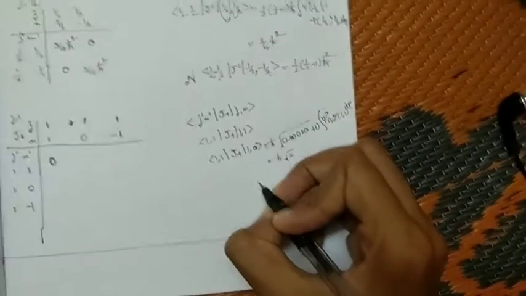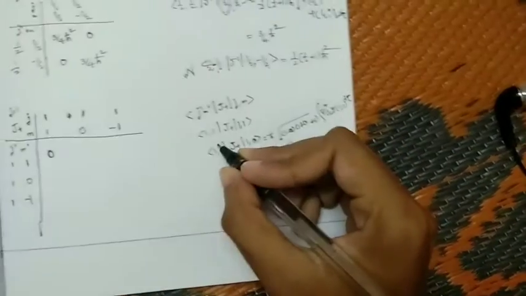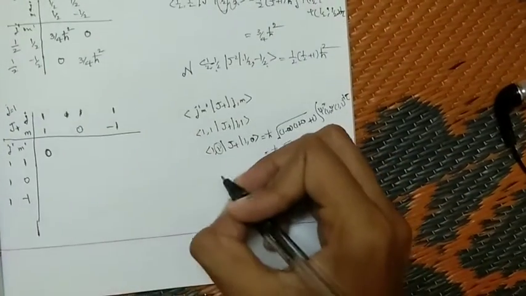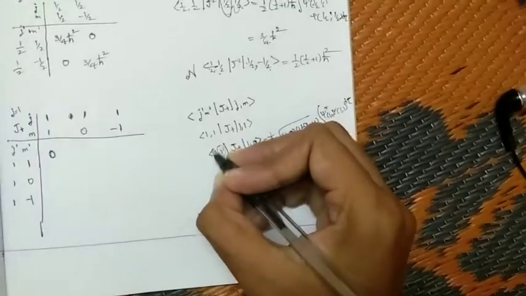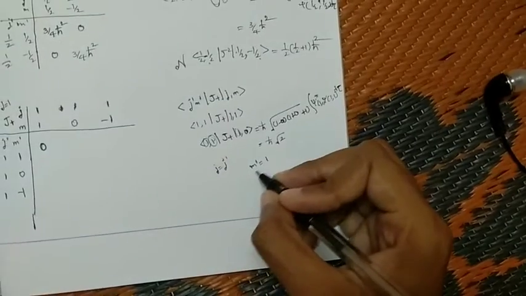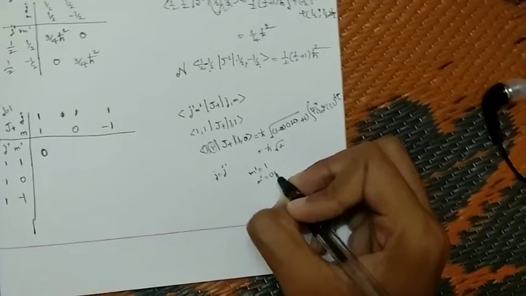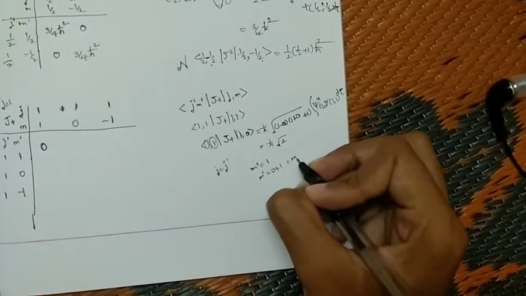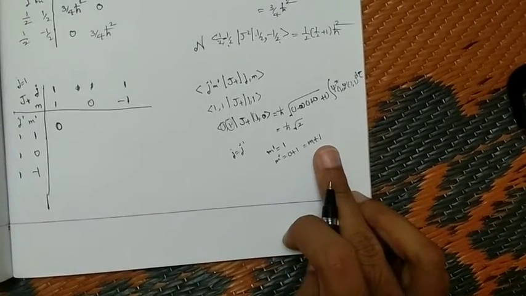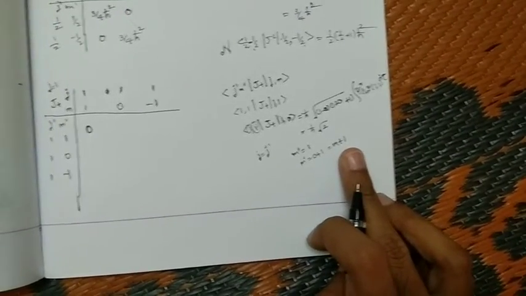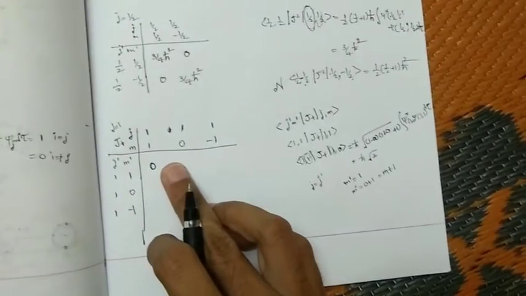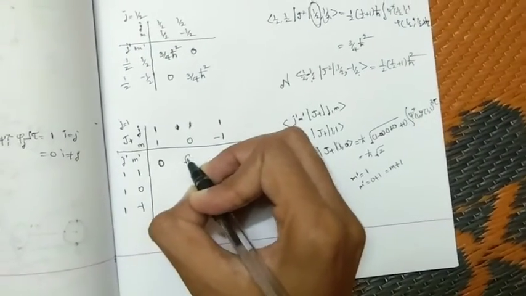So M dash is 1. Actually here J equals J dash, and M dash equals M plus 1. Hence, when M dash equals M plus 1, only then would we have a matrix element. So this element would become root 2 h cut.